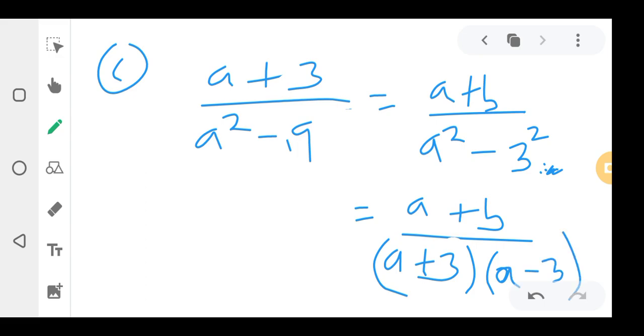Sorry, here it's 3, not b. There's a plus 3 on top, not a plus b.